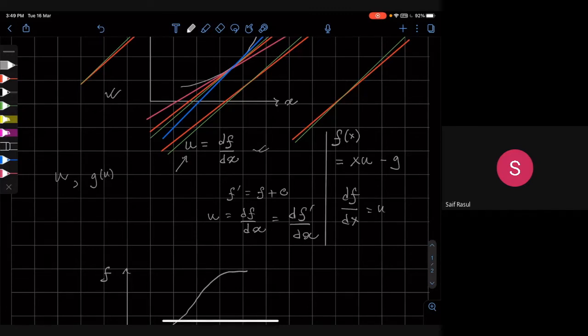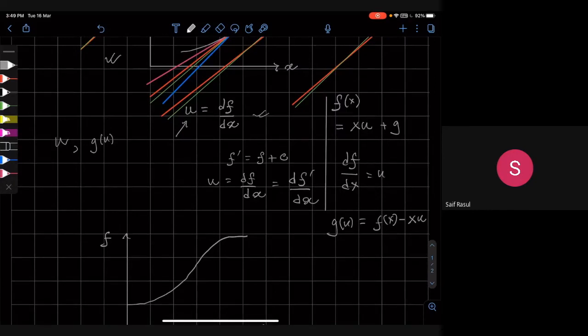And I think this is probably a plus sign, because it's y is equal to mx plus c, right? So yeah, that should be. And then g of u is going to be f of x minus x of u.